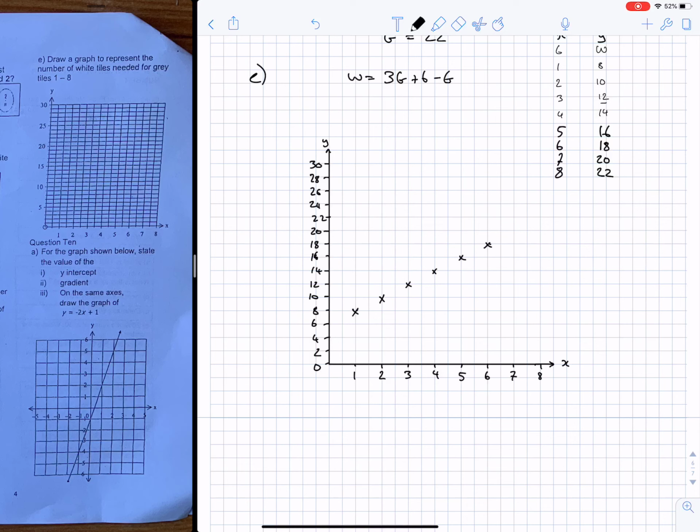Number 7 is 20. Number 8 is 22. So you can see there's this line, or this gradient, formed here. Okay.